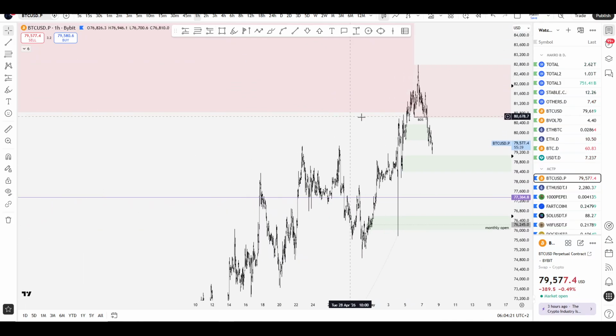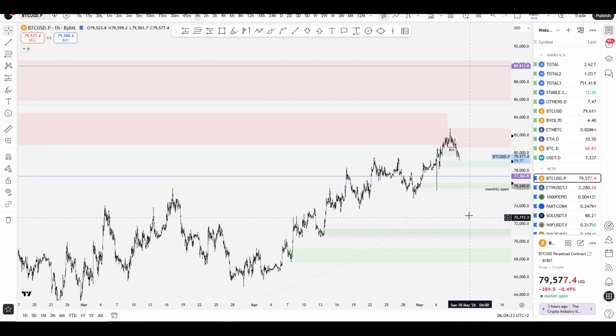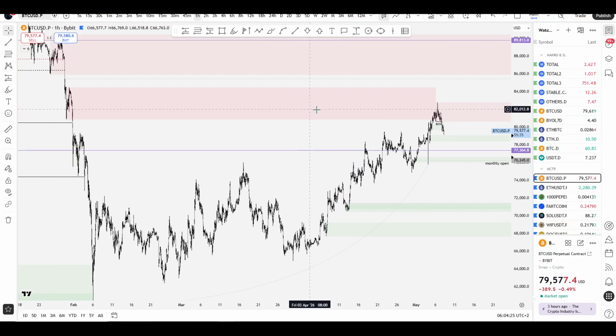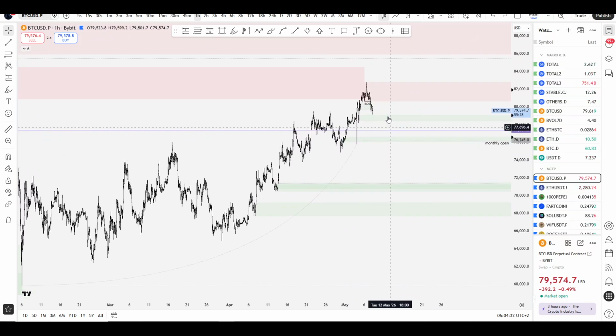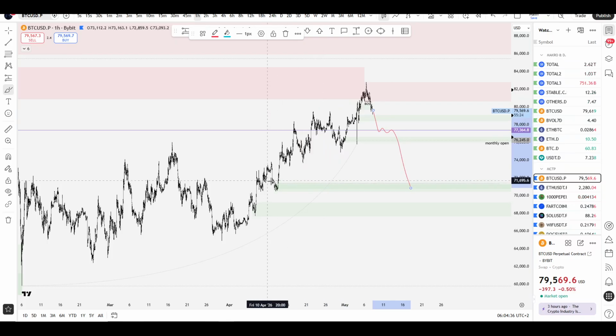But as you can see, because of my explanation, USDT is way cleaner than Bitcoin. This easily can just go down, and at the first real demand, it gets a bounce and maybe does something down here.